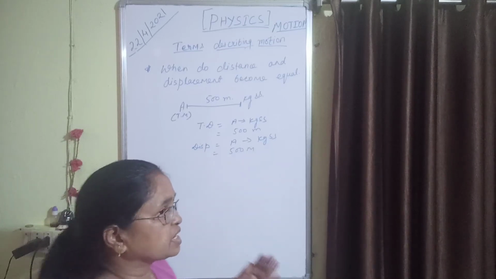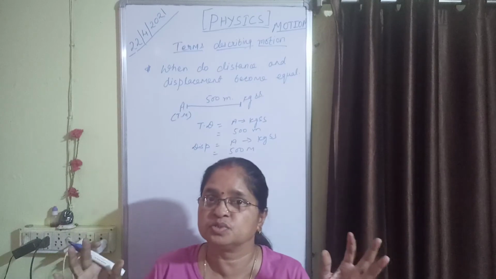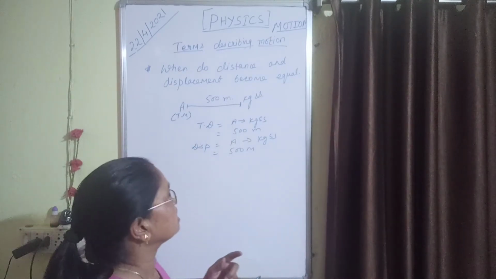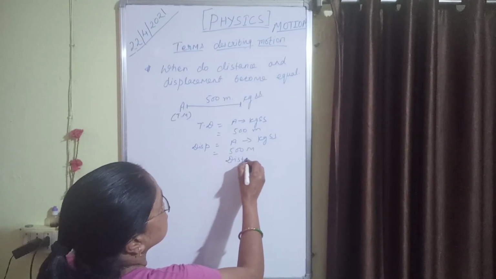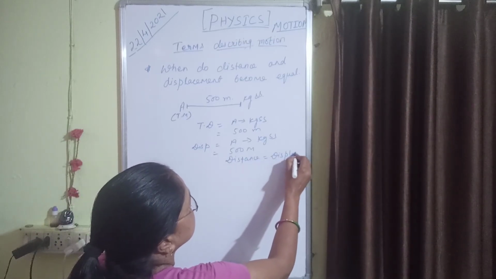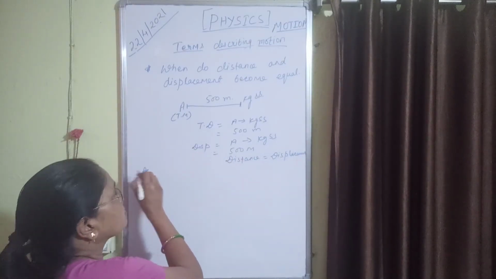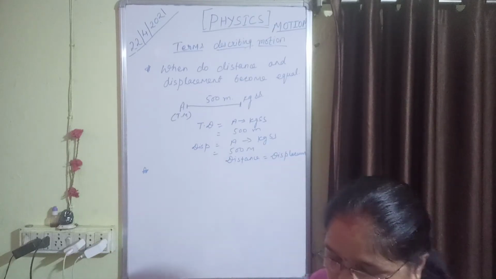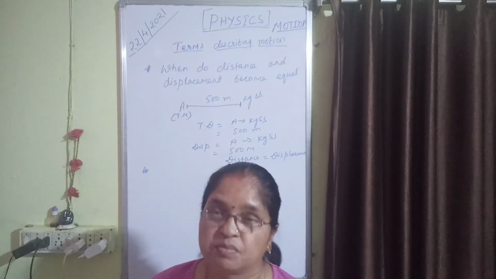So in some cases when a body is traveling in a straight line and its initial position and final position are different, then in this case distance is equal to displacement.